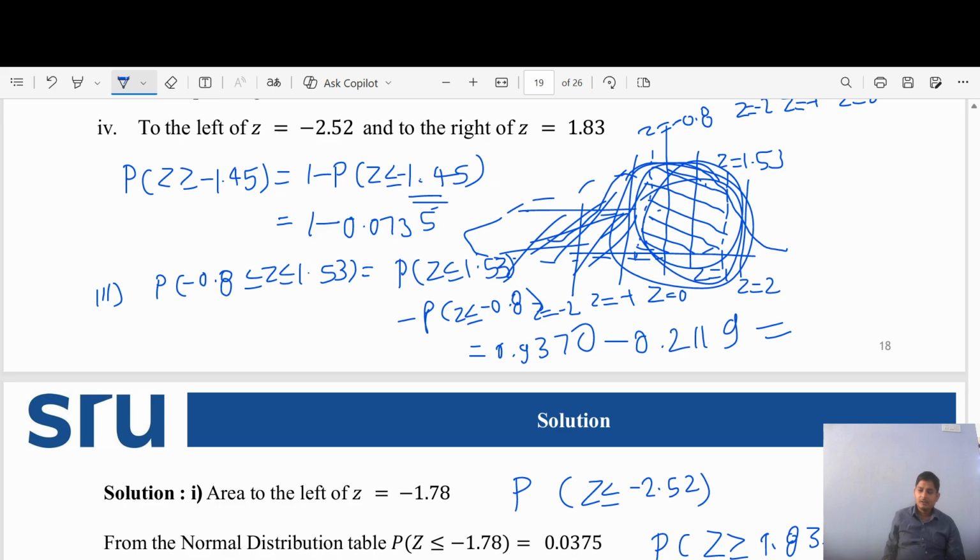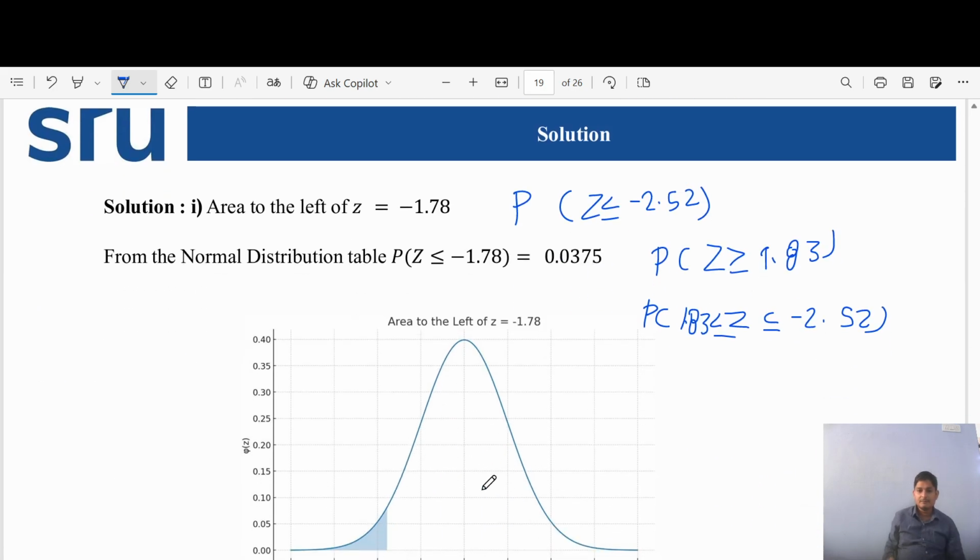Z is greater than 1.83 and less than minus 2.5. So for this, we also draw the same curve, just like this. This is Z is equal to 0, Z is equal to 1, Z is equal to 2, Z is equal to 3, Z is equal to minus 1, Z is equal to minus 2, Z is equal to minus 3.